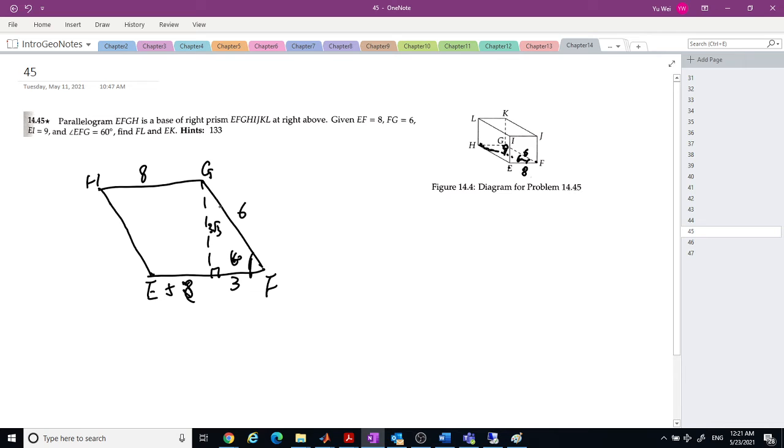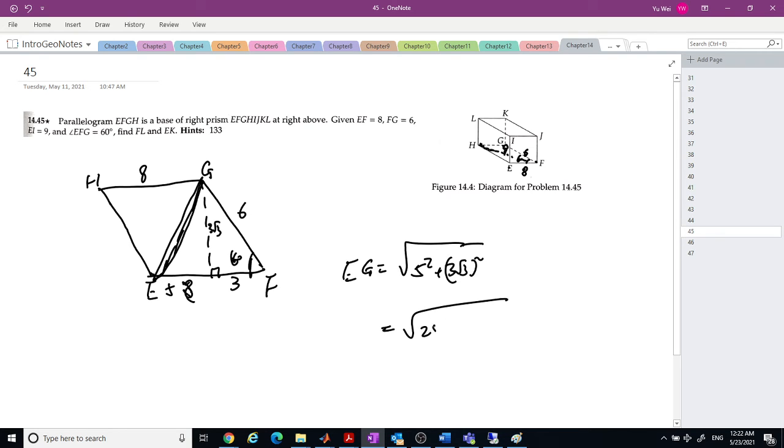Now let's solve the EG. EG is equal to the square root of 5 squared plus (3√3) squared. So this is 25 plus 27, which is √52, which is 13 times 4, so 2√13. And we can also do it here with 6 and 3. Then we can solve the HF.